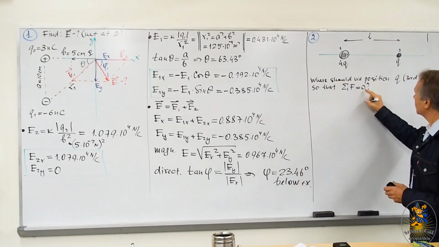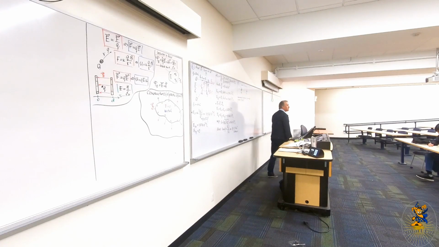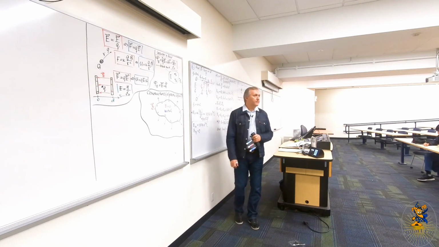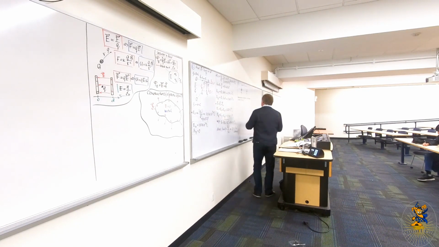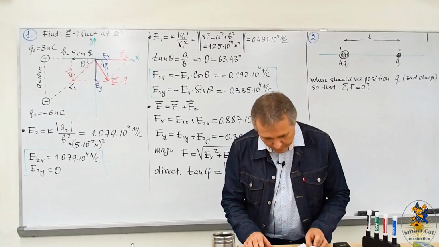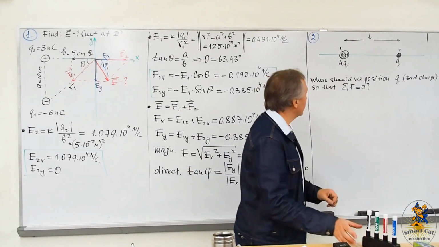Question mark. So that this third charge will be in equilibrium, right? Static equilibrium. Right? Okay, so now let me check if I mentioned everything. Yeah. So now we can start discussing.